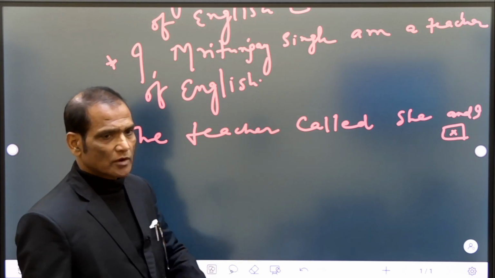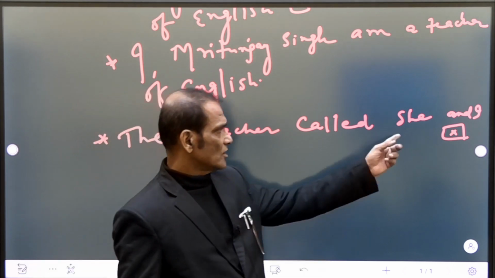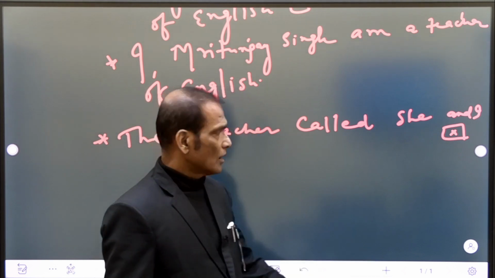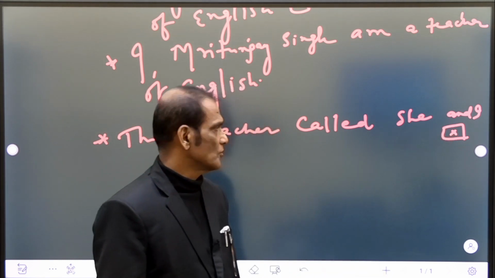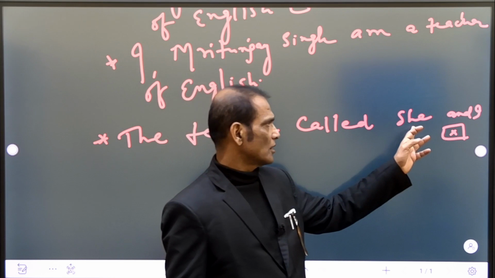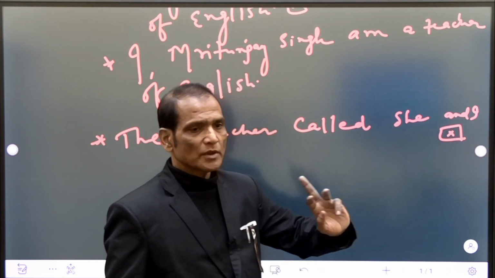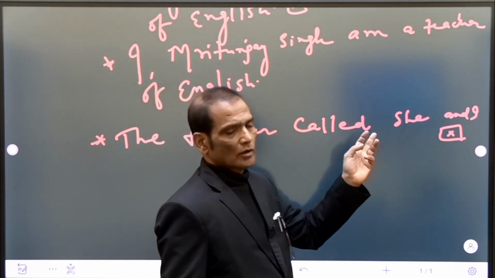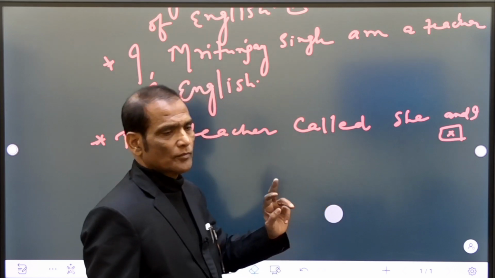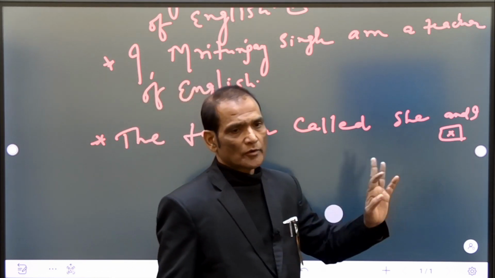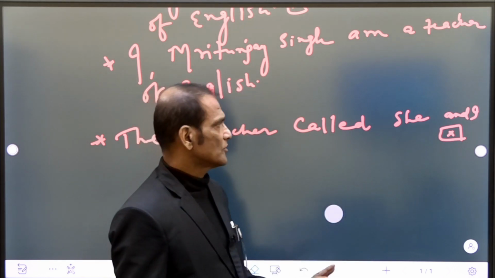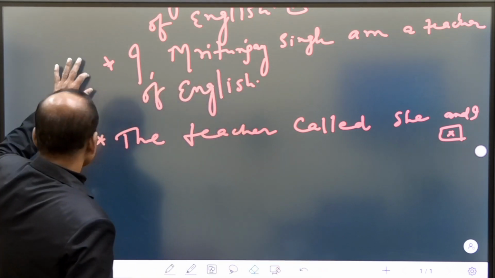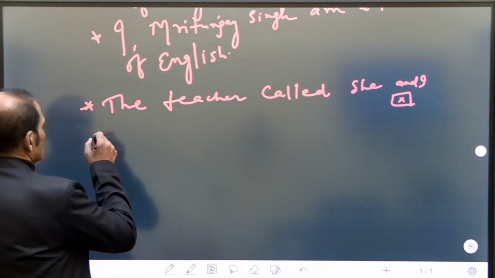You mean objective form of pronoun, and she is nominative form of pronoun. I is also nominative form of pronoun. So here should be her and here should be me, because objective form of she is her and objective form of I is me.